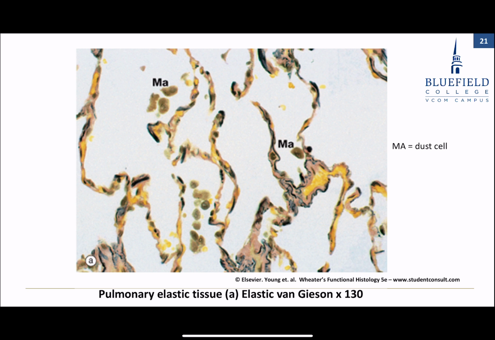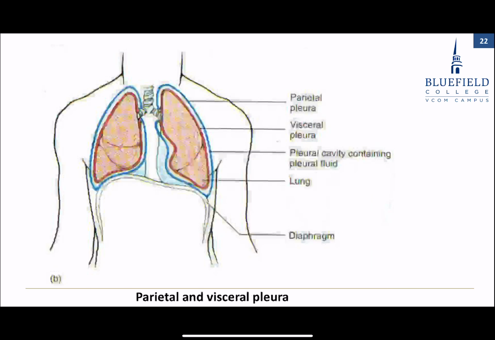All right. The last thing we're going to talk about here before we go into lab is the lining of the pleural cavities and the outer lining of the lungs. We refer to that as the pleura. On this image, the visceral pleura, which is on the outside of the lungs, is in red.